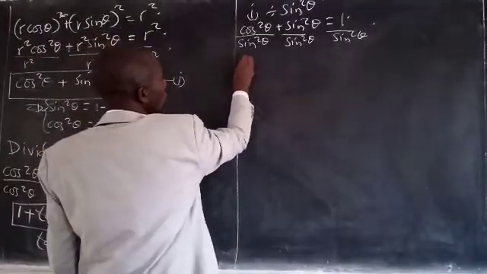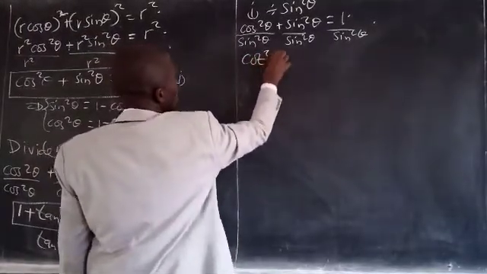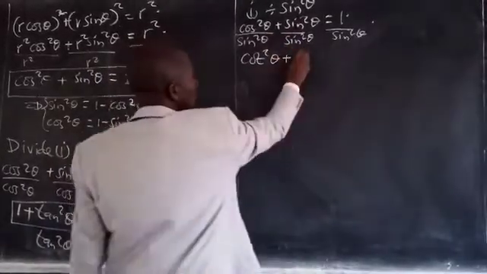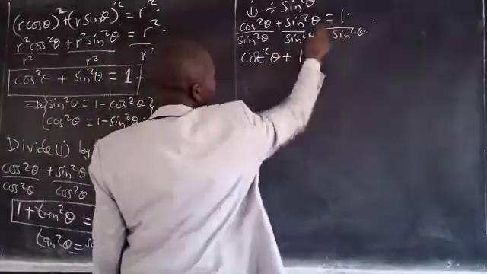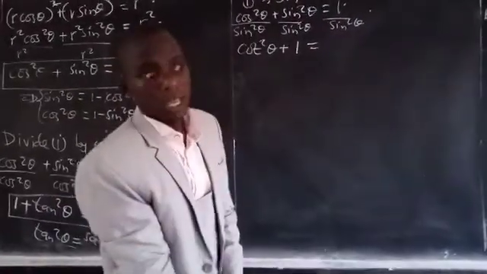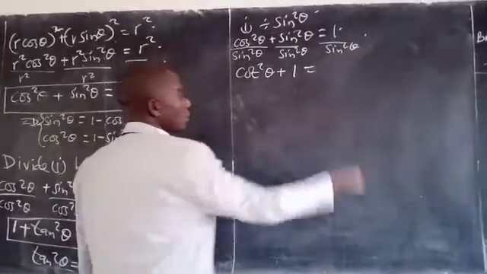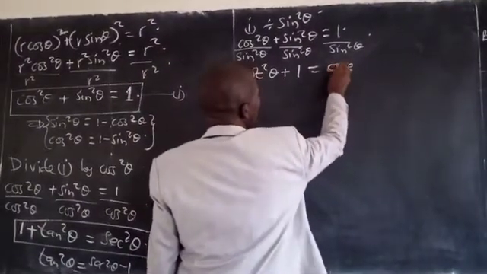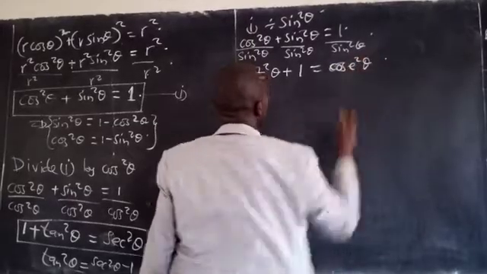So this is cot squared theta plus the sine squared over sine squared, that is 1, and that one gives 1 over sine squared. 1 over sine is a cosec. So therefore this becomes a cosec squared theta.